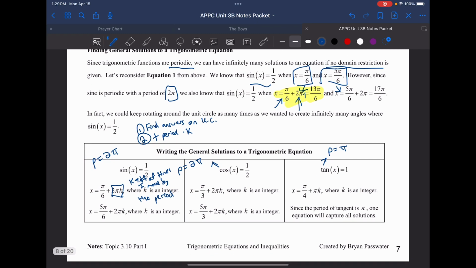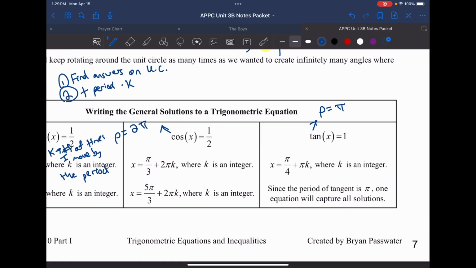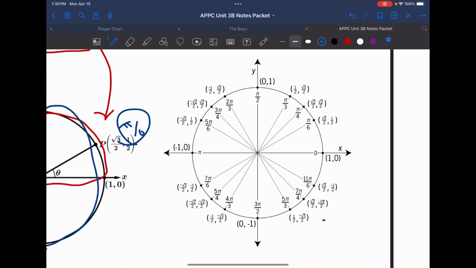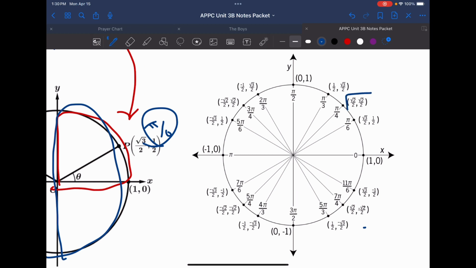Same thing with cosine. The only thing that's different is that because the period of tangent is pi, one equation will capture all solutions. So for example, when is tangent of x equal to 1? Well, tangent of x will be 1 here, here, because remember, tangent is positive, negative, positive, negative.